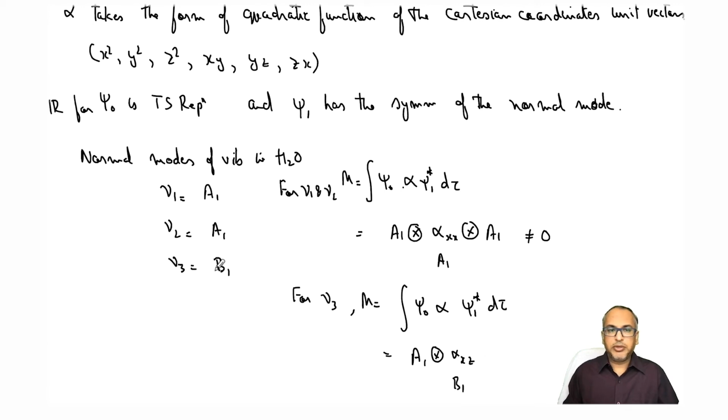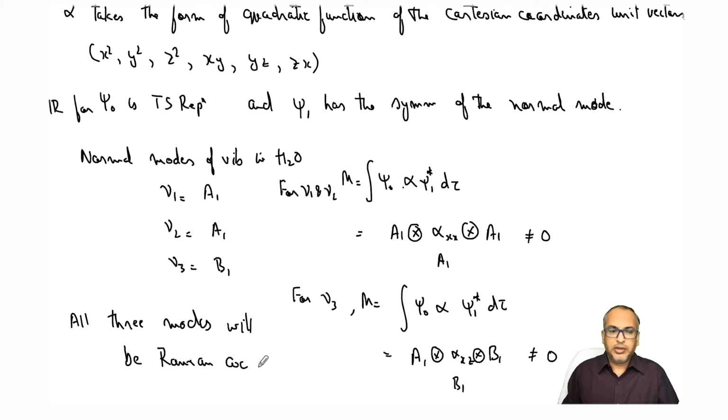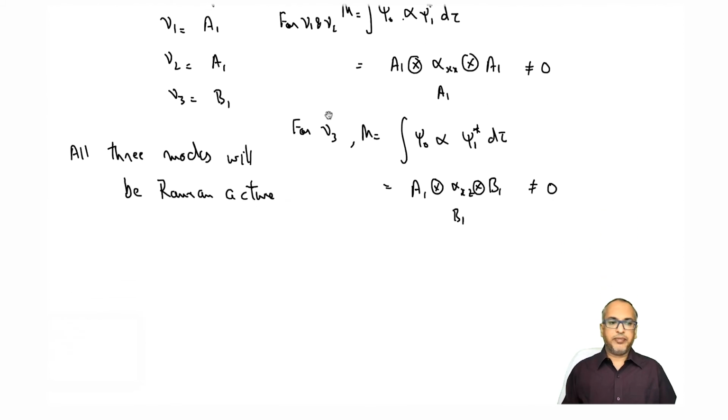Psi 1 star has the symmetry of the normal mode, which is B1. So again, this will not go to 0. That means all three modes will be Raman active. So all three modes will be active in Raman as well as in IR spectrum, right?